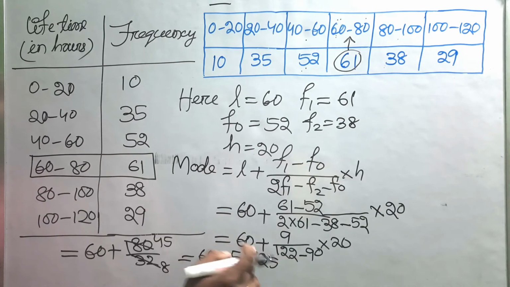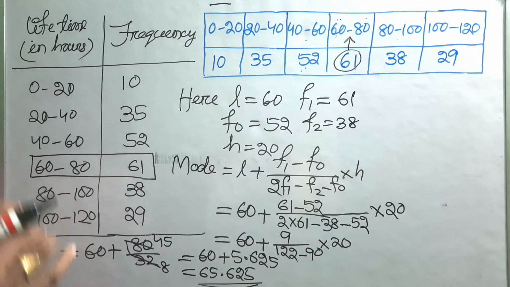So 5.625 is the decimal form, and that equals 65.625. So this is the answer.